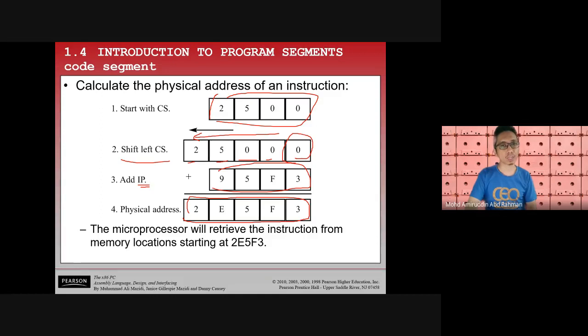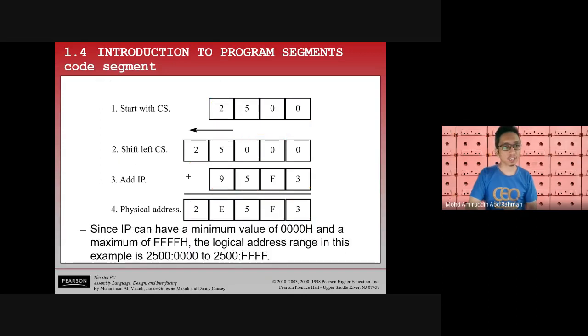That's how the fetching principle works on the 8086 processor. Since the IP can have a minimum value of 0000H and a maximum of FFFFH, the logical address range in this example will be from 2500:0000 to 2500:FFFF. So that's the range of the logical address.